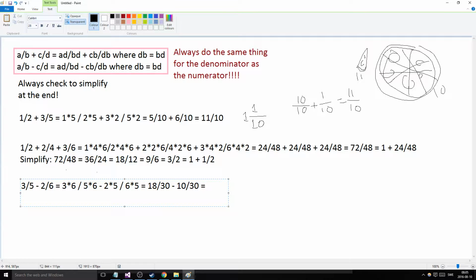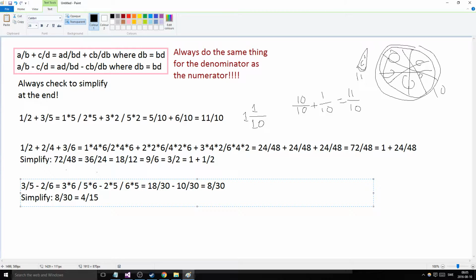Minus 10 through 30. And this is 8 through 30. And we can divide this by 2, which gives us 4. Simplify, always simplify. So 8 through 30 equals 4 through 15, can't divide that anymore.